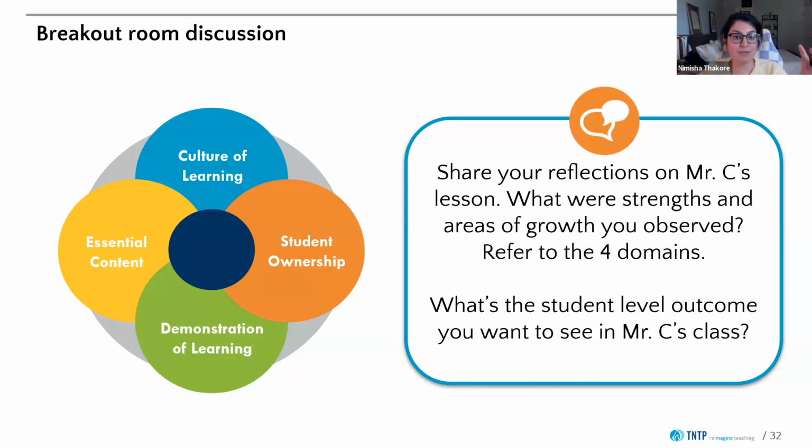Try to provide specific evidence from your low inference notes as much as possible to support what you're sharing with your group. And then with your group, also talk about, based on the areas of growth that you identified, what's the student level outcome that you would want to see in Mr. C's classroom? So share strengths and growth areas, and then talk about the student level outcome you want to see in his classroom.